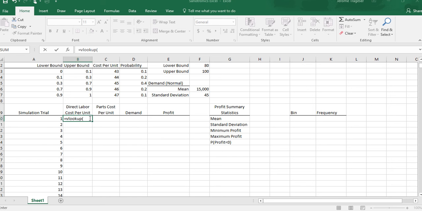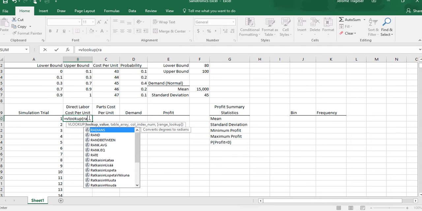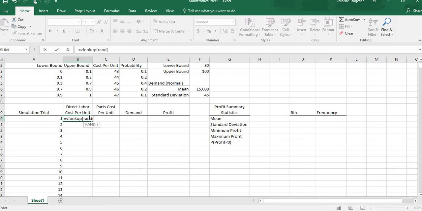And we want this to be the random, R-A-N-D, left parenthesis, right parentheses.